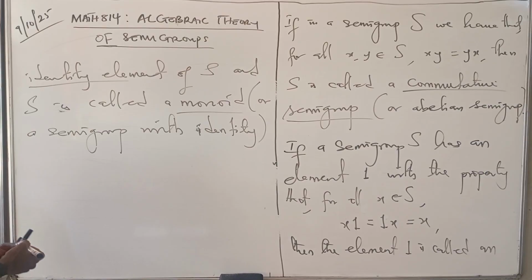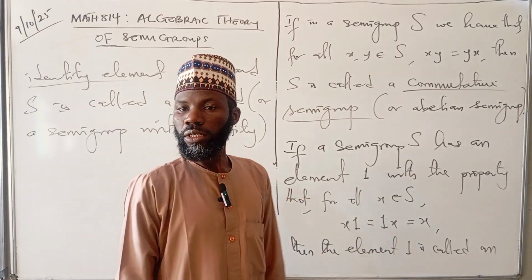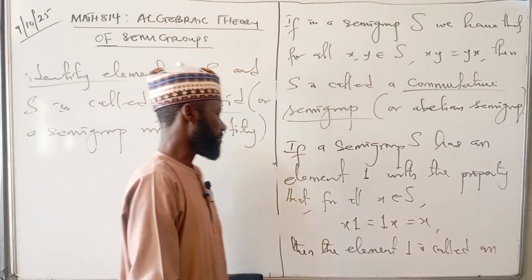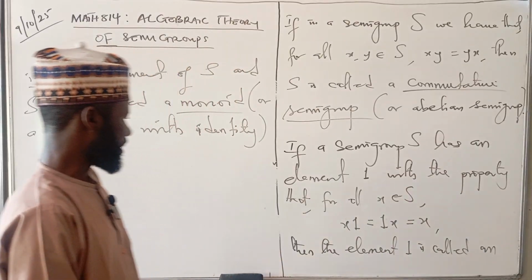Any such element in a semigroup is called the identity element of the semigroup. As the concept of identity is very clear to us, I think we don't need to waste much time there.